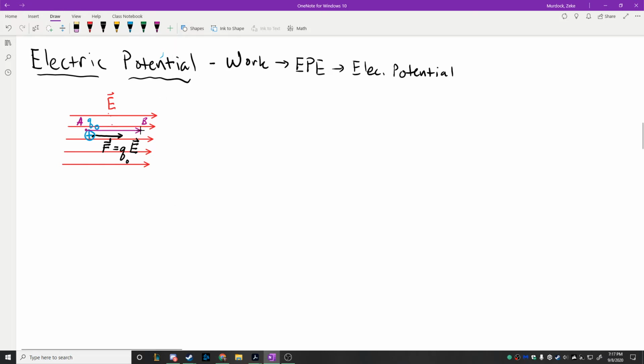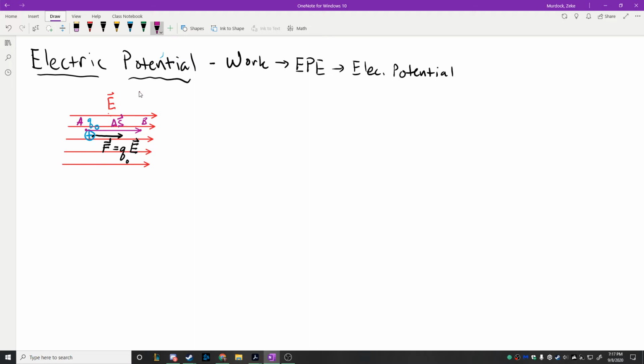So it moves that way through some displacement, and let's call it delta S. And it's going to be a vector.